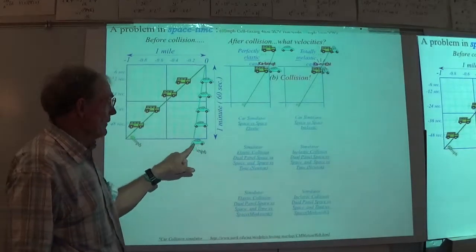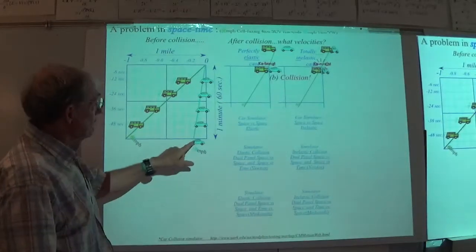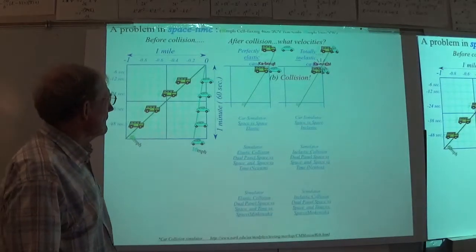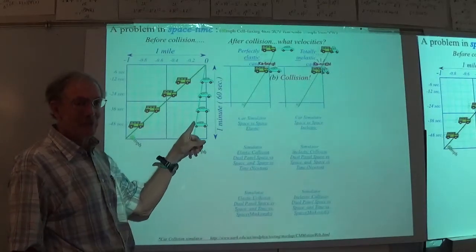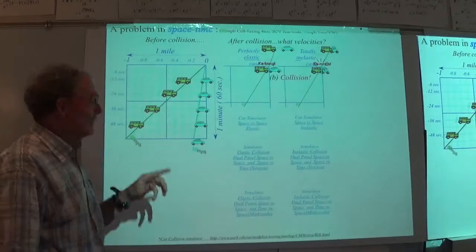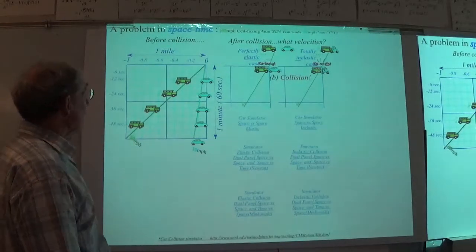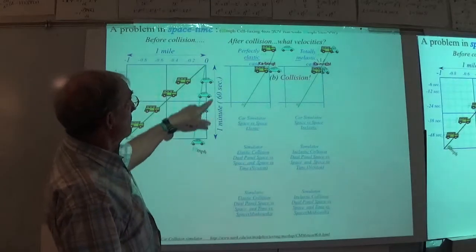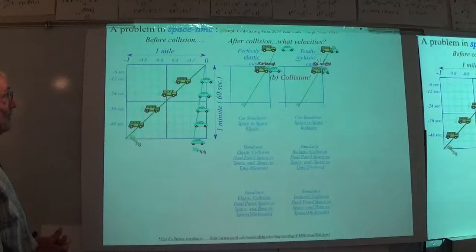It's a very popular car. Anyway, this person has probably had too much grass and is going very slowly, 10 miles an hour on the freeway. It's not a good idea to do that, especially if you've got this guy going 60 miles an hour. That's 1 mile in a minute. So those are the classic English units.